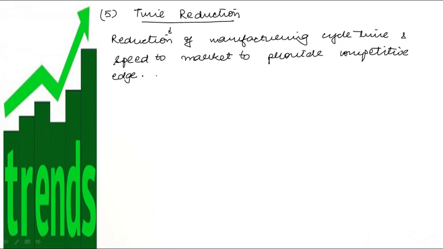How is that going to be? The example is Domino's. Domino's gives you a pizza in 30 minutes. Whereas, let me take any other pizza, a pizza company named XYZ.